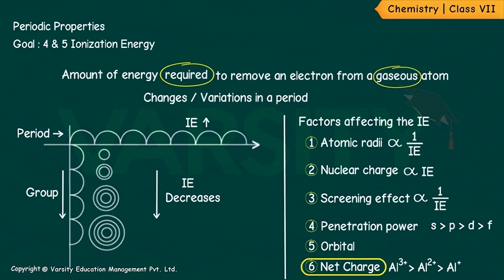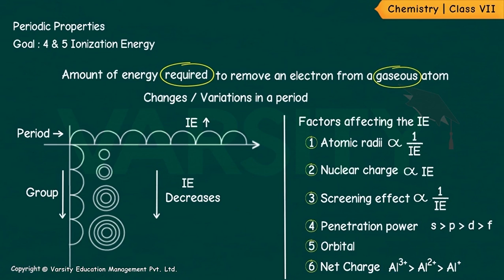Al3+ requires more ionization energy than Al2+, and Al2+ requires more ionization energy than Al+. So the greater the charge, the greater the ionization energy. Therefore, the net charge is directly proportional to ionization energy.